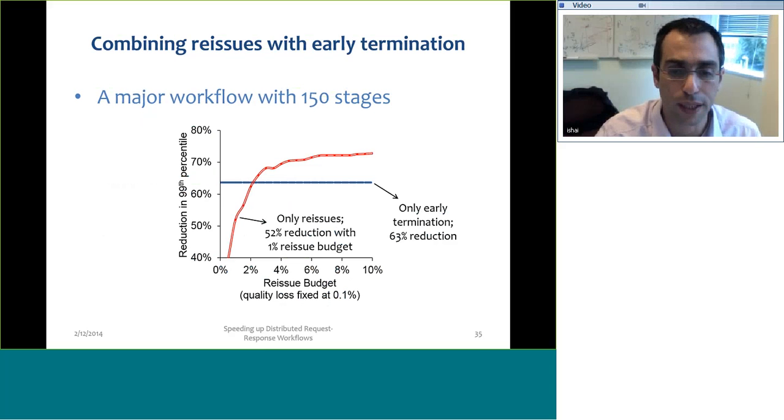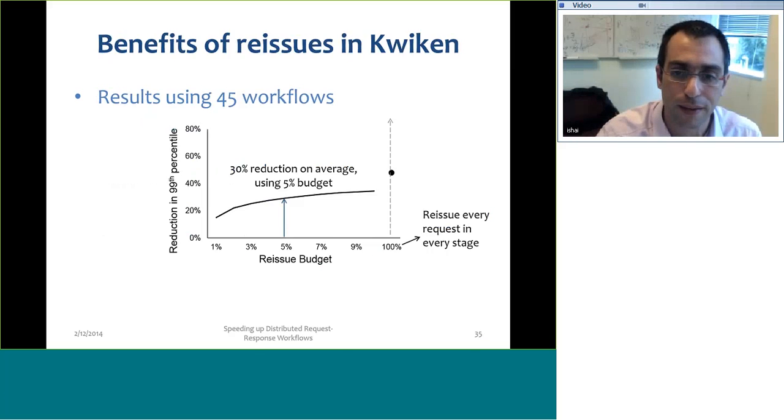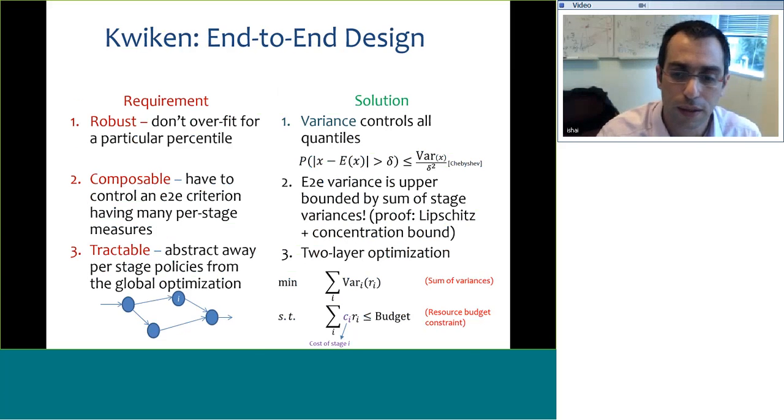If we combine two techniques, we are allowing for a certain quality loss. What I didn't say is that the same formulation that we see here, you can also think of it in terms of quality loss. When you're able to return incomplete results, you can formulate it in this way, where this is the ratio of incomplete results.